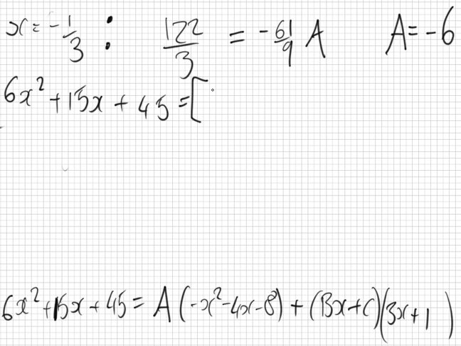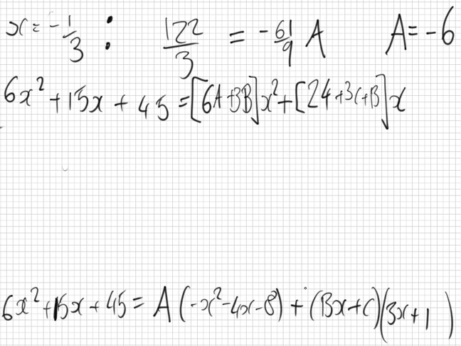So I get 6a plus 3bx squared plus, here I get 24, and then here I'll get 3c plus bx. And then the constant at the end will be 6 times 8 and then the 3c. So 48 plus c.